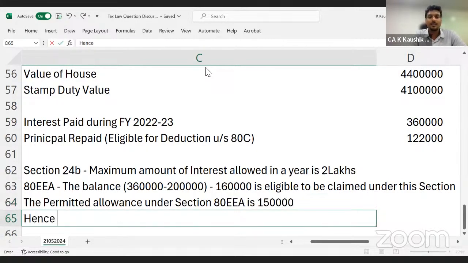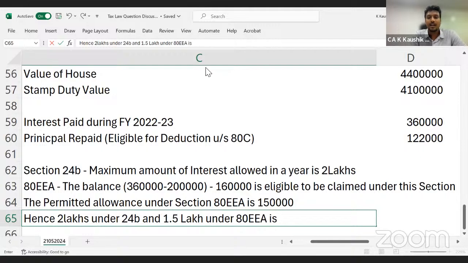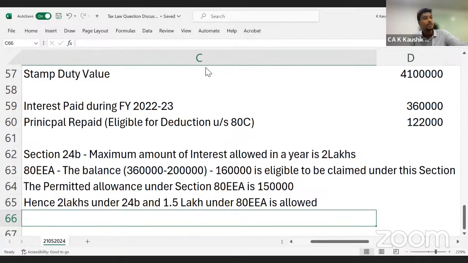Hence, 2 lakhs under 24B and 1.5 lakh under 80EEA is allowed. Balance 10,000 can be carried forward and claimed in the subsequent year in loss from house property. Okay, so let's quickly see this part of the question.